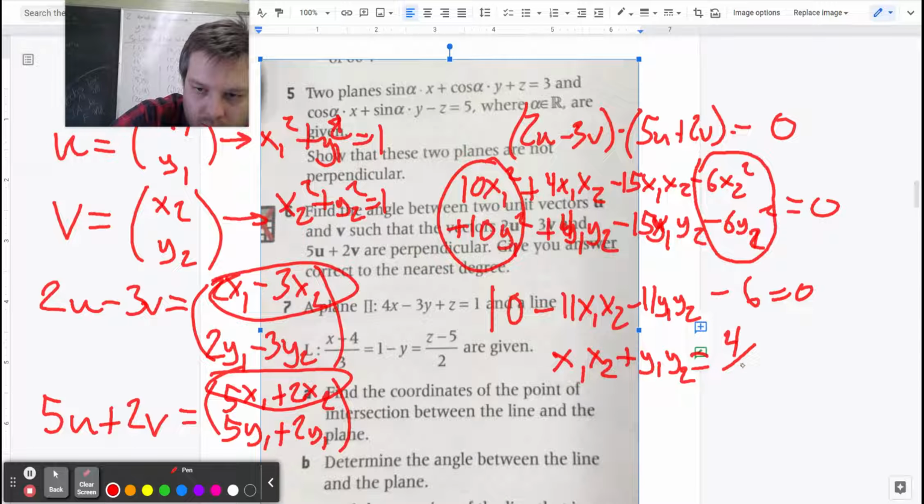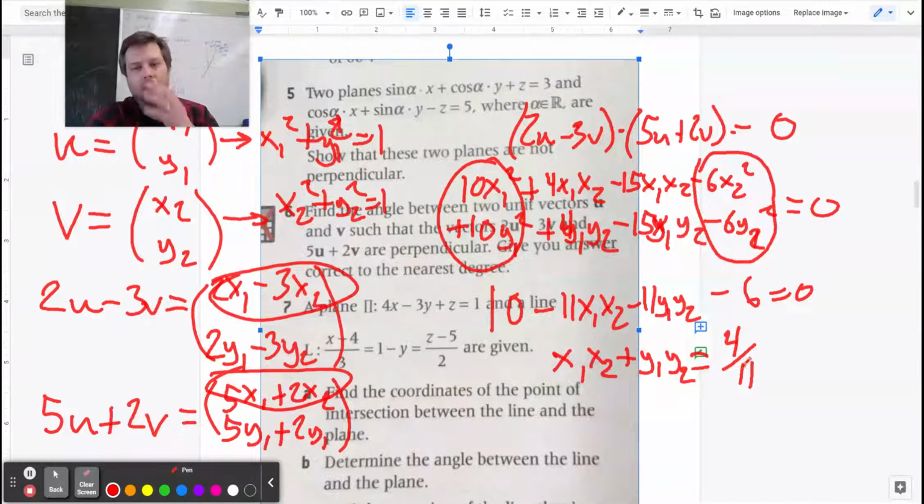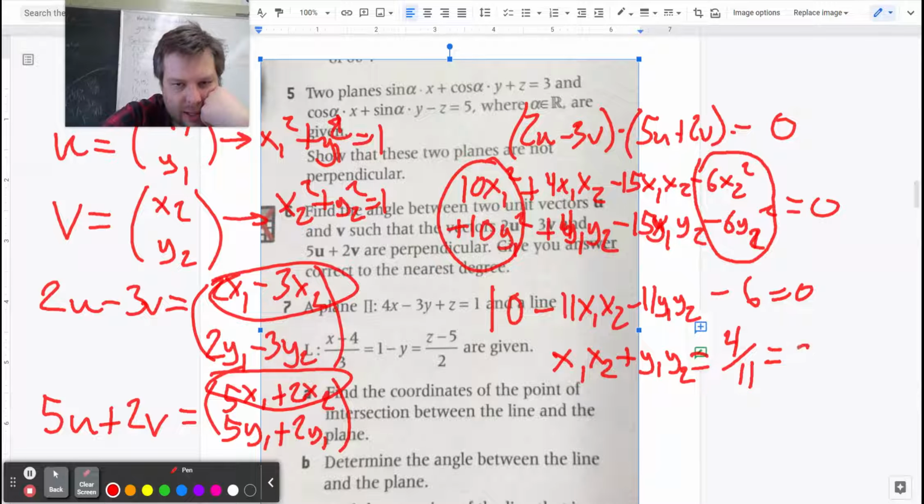That's going to equal 4 out of 11. And luckily, that is also the dot product. And so the dot product is equal to magnitude of A times magnitude of B times cosine theta. So that equals cosine theta.